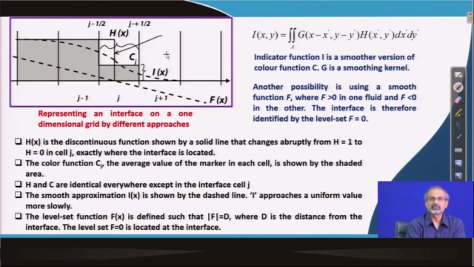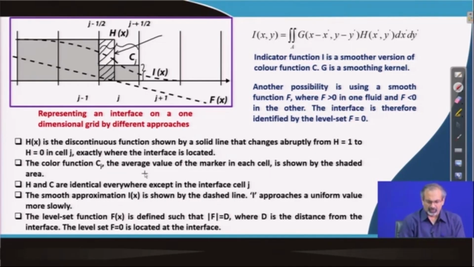As the Heaviside function moves into the cell, the color function moves up from the bottom to the top to fill up that cell. So there is an area conservation between what is covered by the Heaviside function within that cell and what is covered by the C_j function, that is the color function within that cell j.